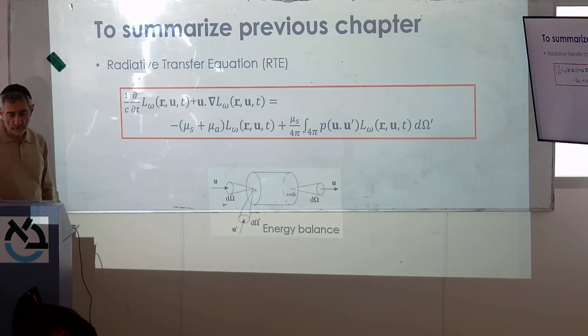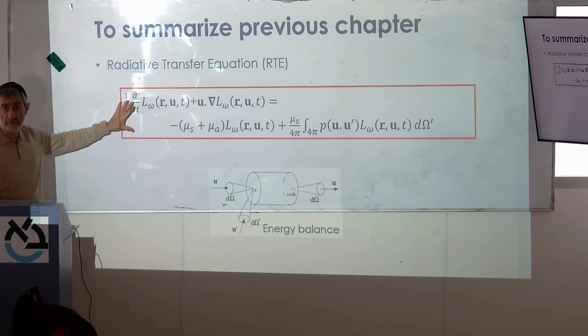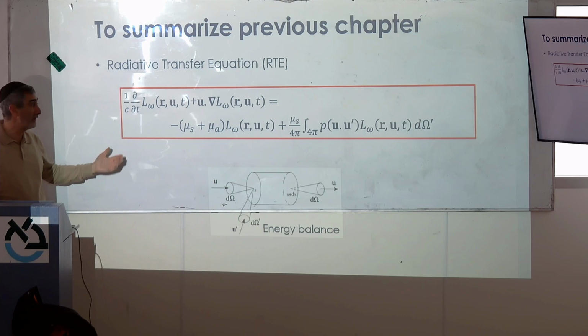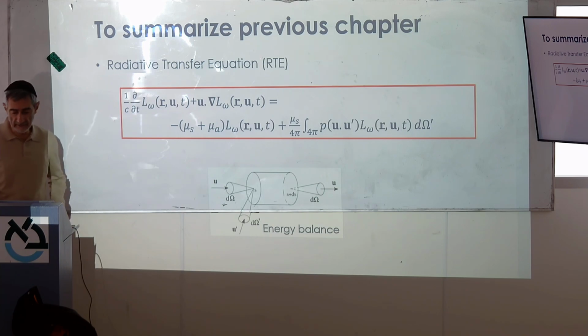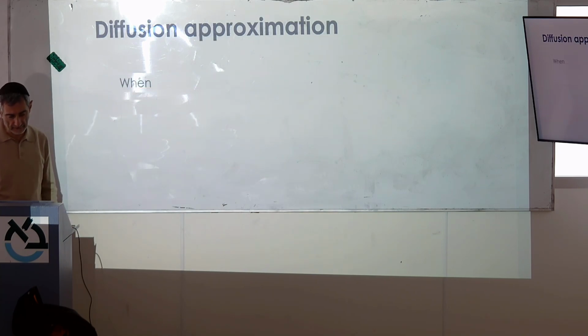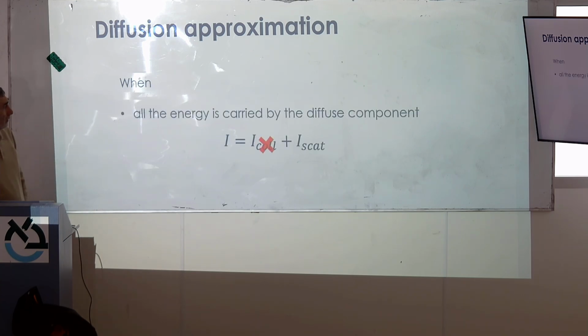And what we are going to do now is to go a step further in the approximation, because this equation is quite difficult to solve. It was solved for some specific cases, as I mentioned last time, but it's quite a complicated equation. But we're going to simplify it for a specific case. So that's the diffusion equation, the diffusion approximation. So what is the diffusion approximation? That's the approximation when all the energy is carried by the diffuse components.